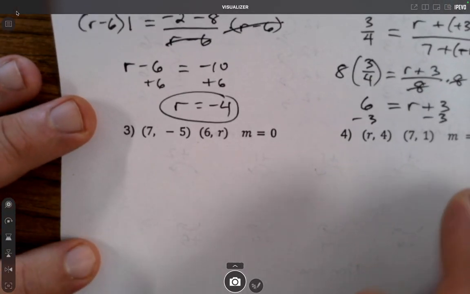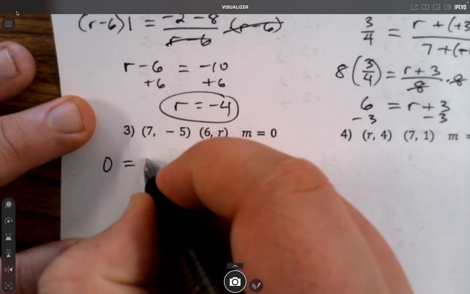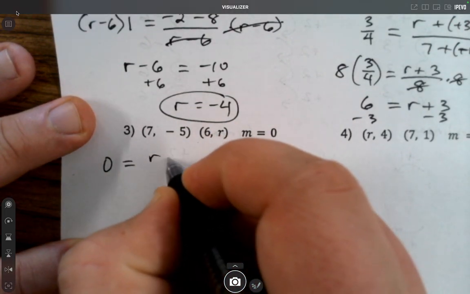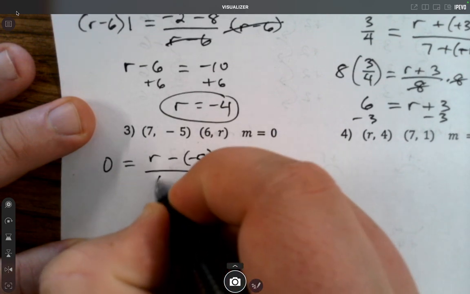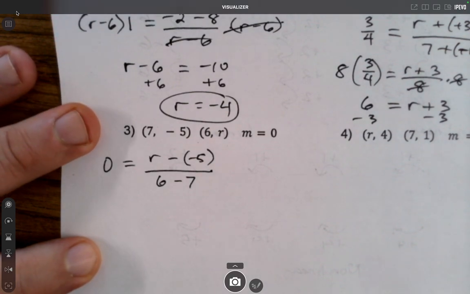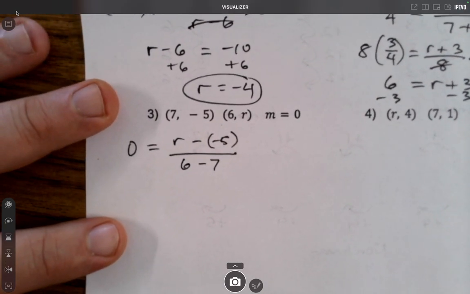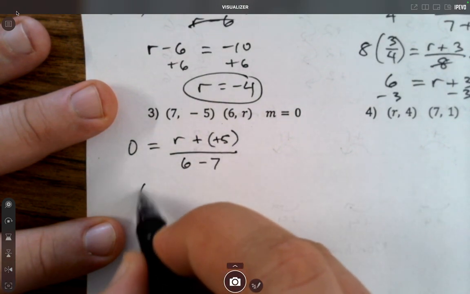Okay, number 3. This one's a little bit different because the slope is 0. So we'll plug in 0 for the slope, do y2, which is the r, minus y1, which is negative 5, over x2 minus x1. So I'm going to go ahead and simplify some things on this right side before I go farther. So minus a negative changes to plus a positive.